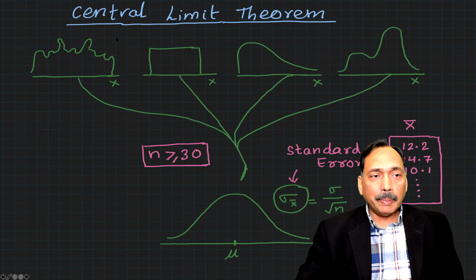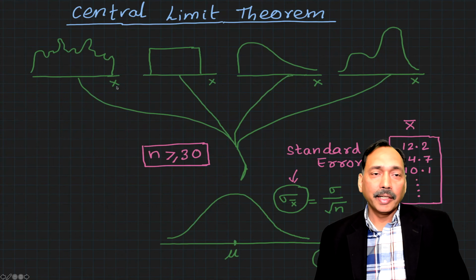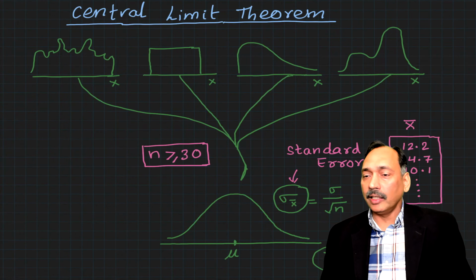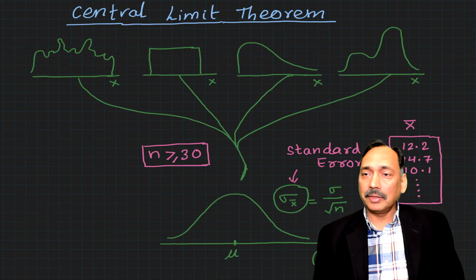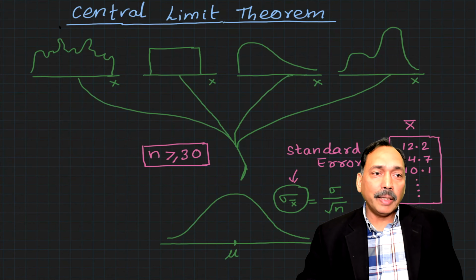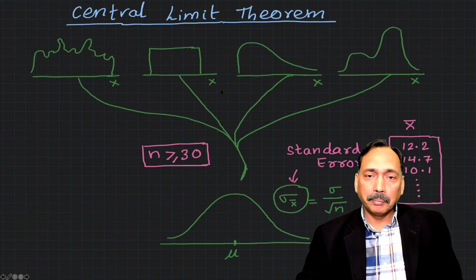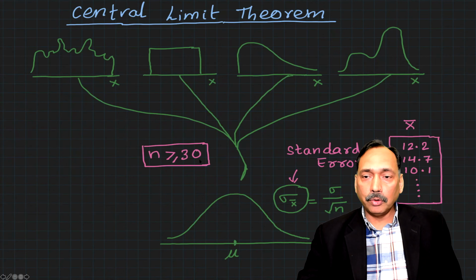Whatever may be your initial distribution of variable x, x may be any type of variable. It can be height, length, income, residuals, square root of residuals, whatever. Whatever may be the shape of your original distribution of x, be it uniform, right skewed, bimodal, or any type, if you take sufficiently large samples, n greater than or equal to 30, and calculate x bars.